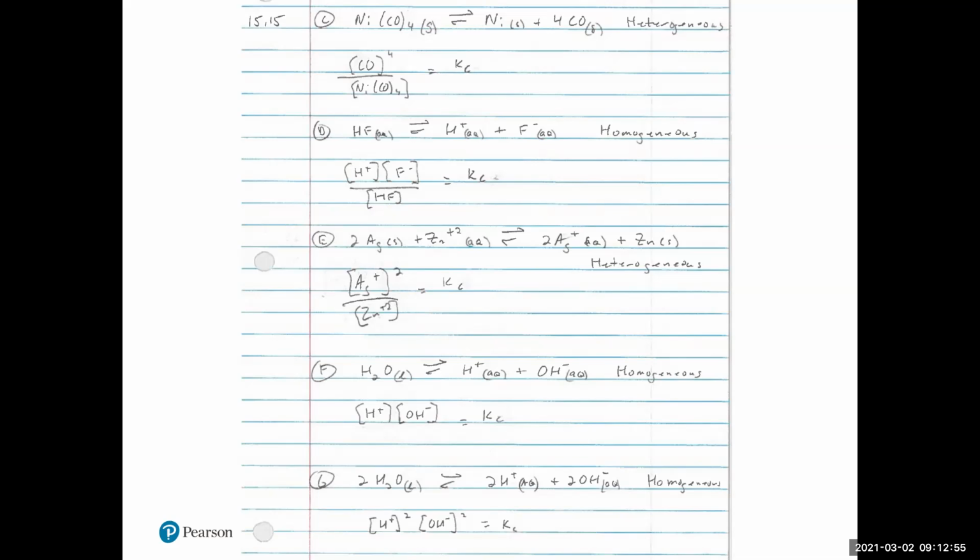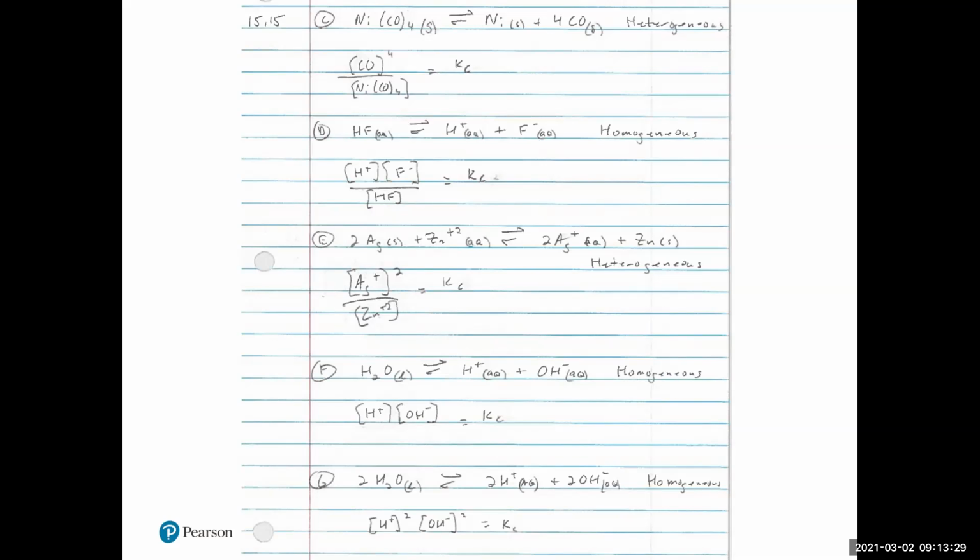The zinc in the product has a little S in parentheses by it, and the silver in the reactants has a little S. So that tells us those are solids, and it tells us those are pure substances, so they're not going to show up in the equilibrium expression. It's just the zinc plus 2 and the silver plus values that we're going to have in there.